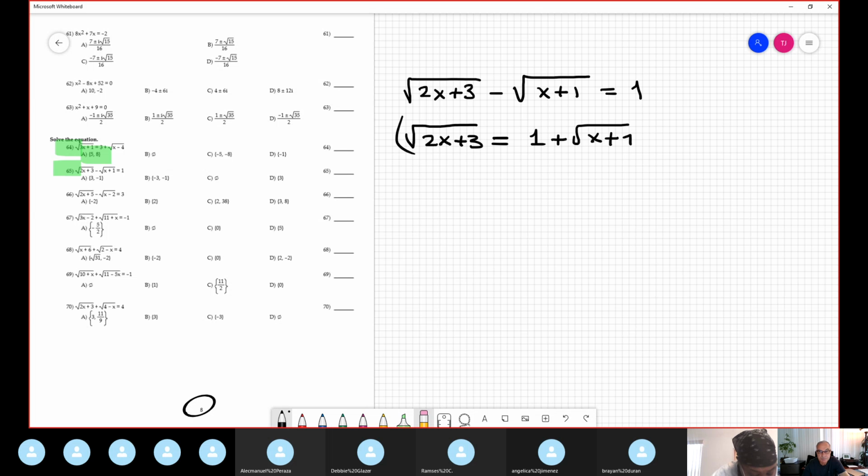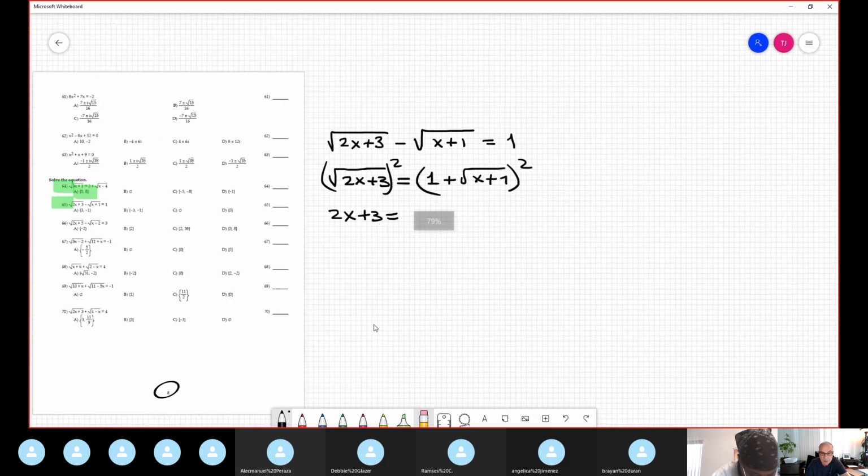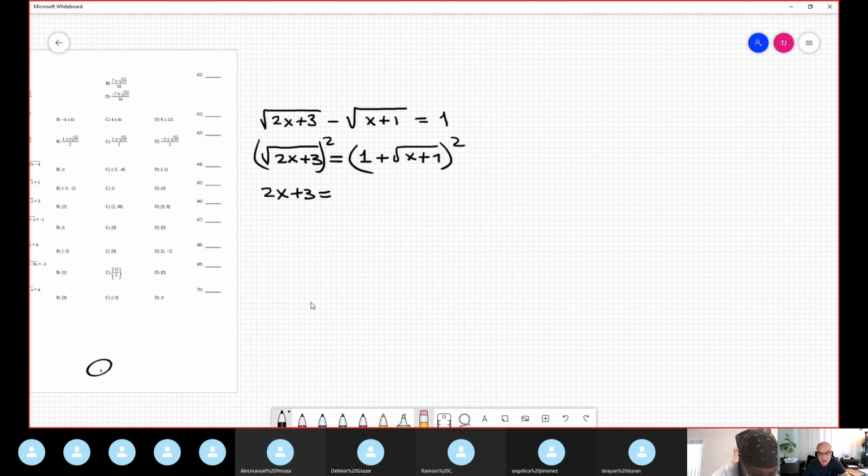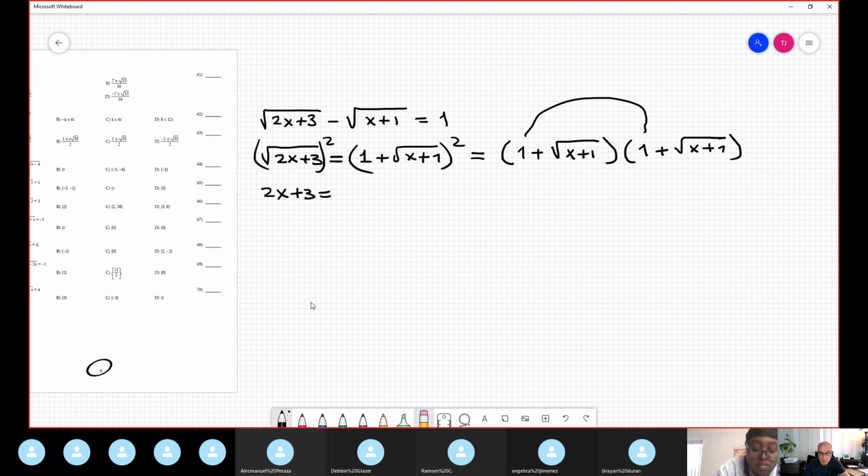Now square. Because we have 2x plus 3 equal, FOIL. FOIL, let me see, is 1 plus square root of x plus 1, times 1 plus square root of x plus 1. FOIL: 1 times 1 is 1. 1 times a radical is just a radical.